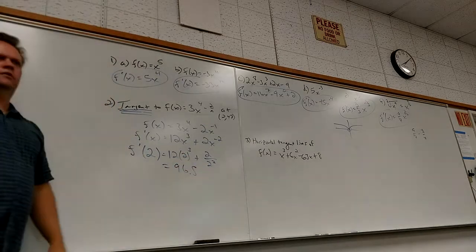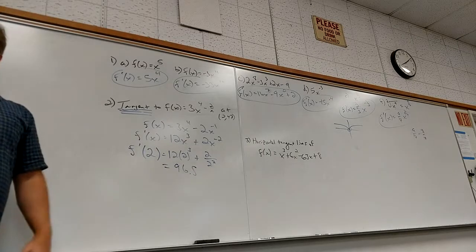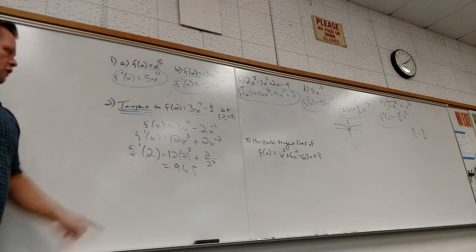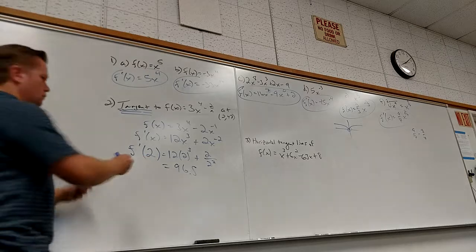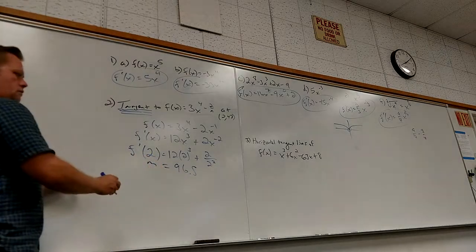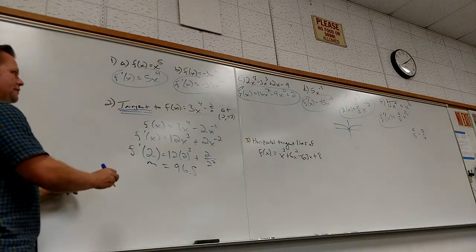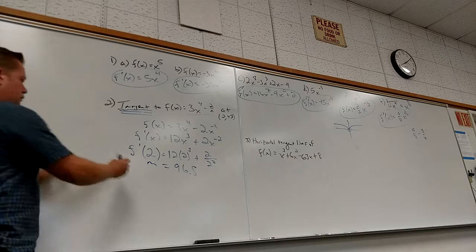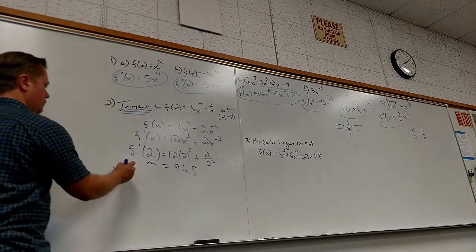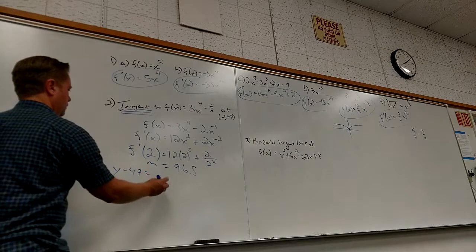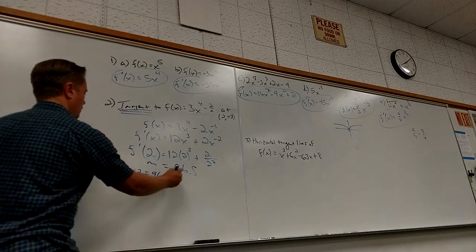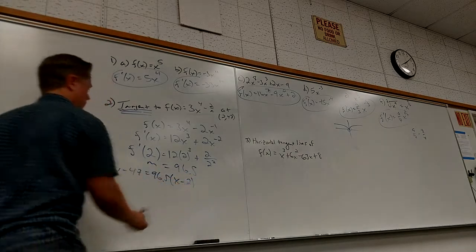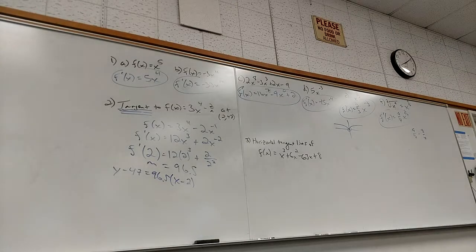96.5. That's M. So you got y minus 47 equals 96.5 times x minus 2.